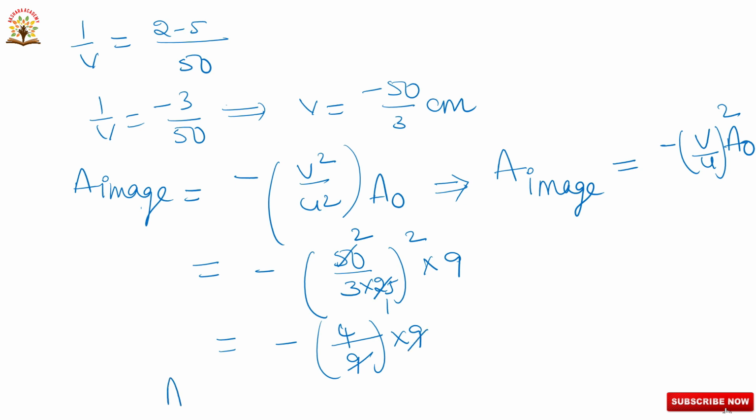So area enclosed by the image of the wire is equal to minus 4 centimeter square. This is the final answer. Okay, area enclosed by the image of the wire is minus 4 centimeter square. Okay, next we will go to the next question.